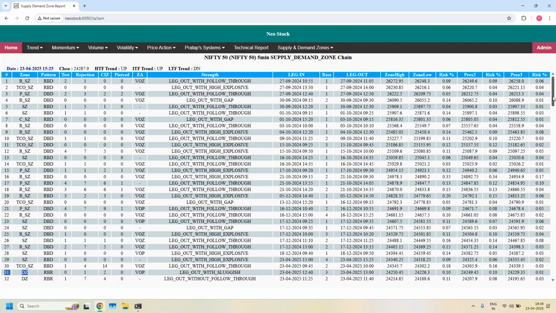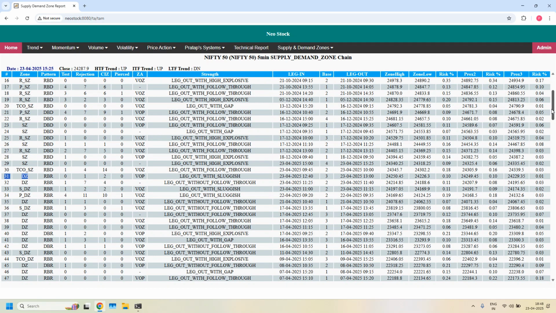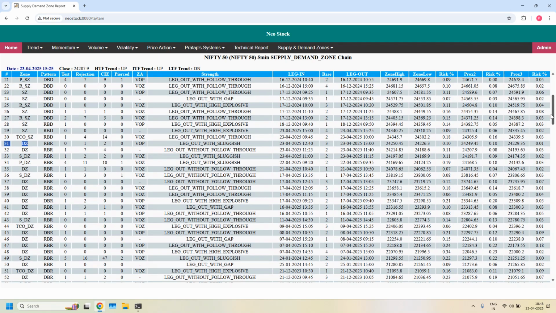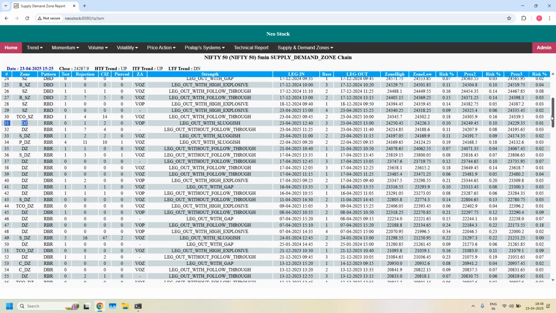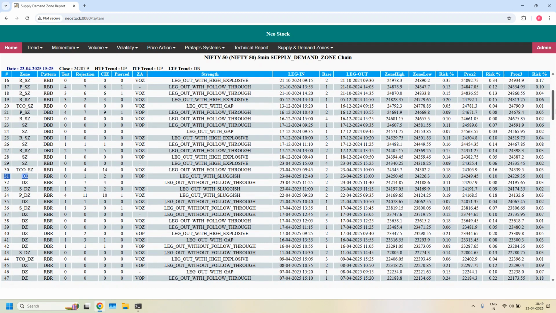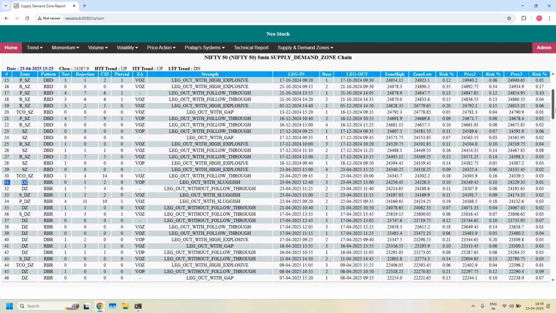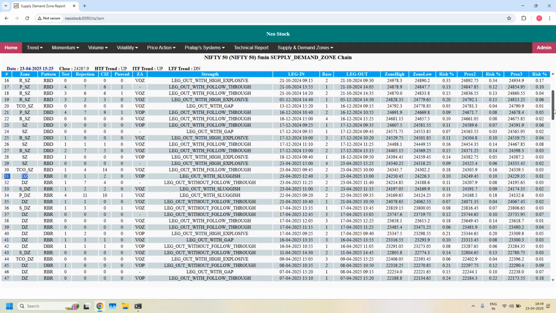So let me keep this demand zone in the center. Okay. So this is Nifty 5 minute supply demand zone chain.